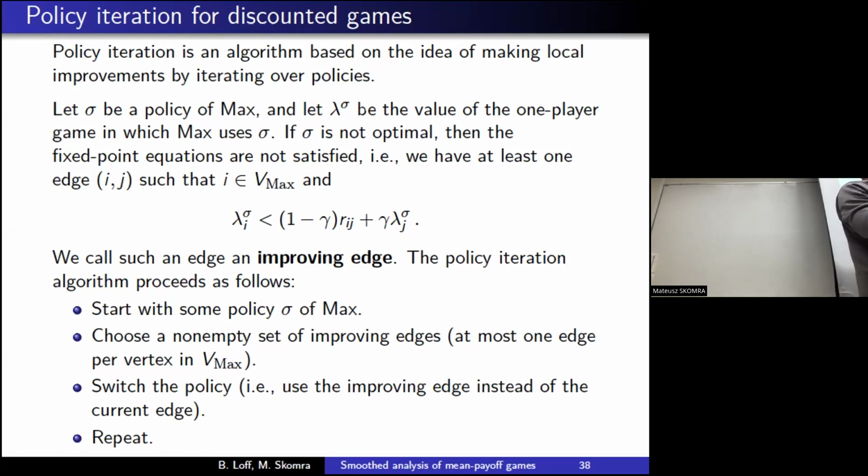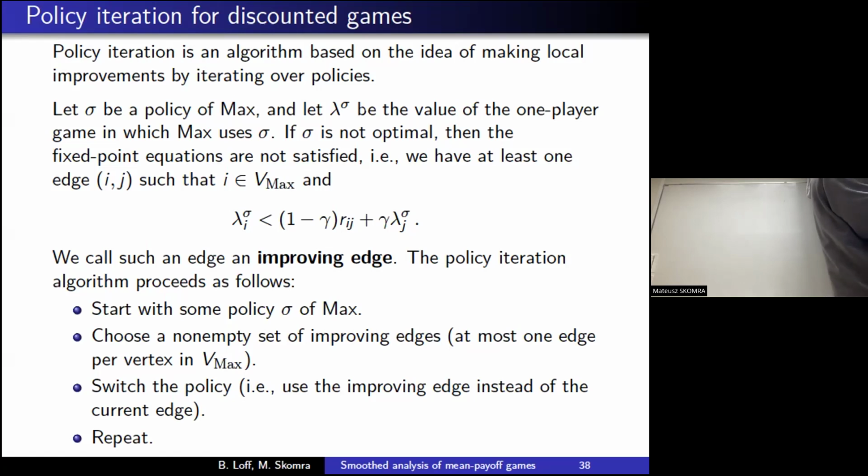If you start at I, it's just following the sigma I. So that would be lambda I. If I switch from sigma I, which is what the maximizing player is doing, to J, I will get a little better.